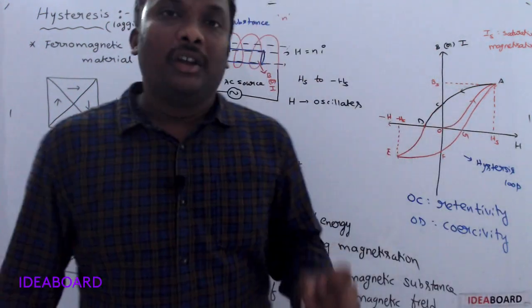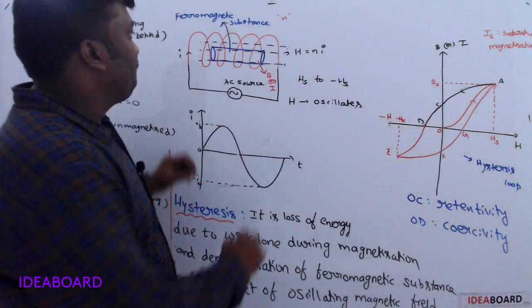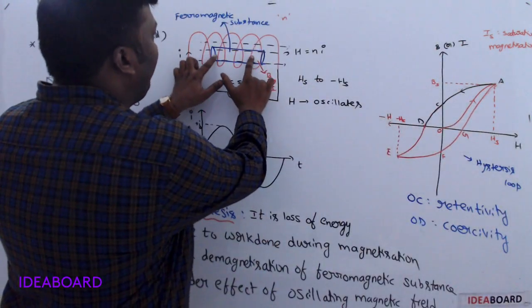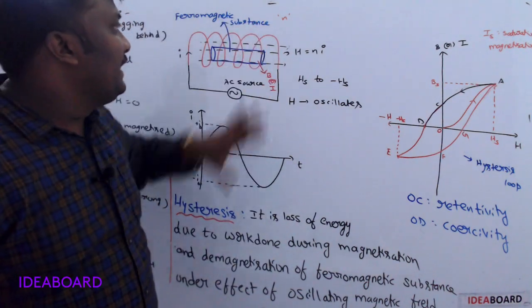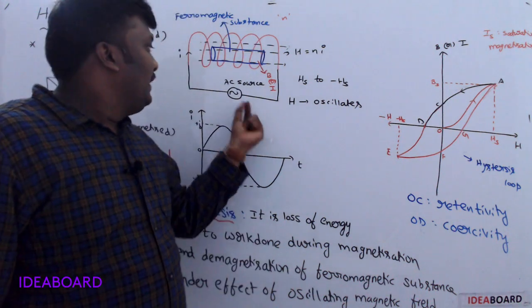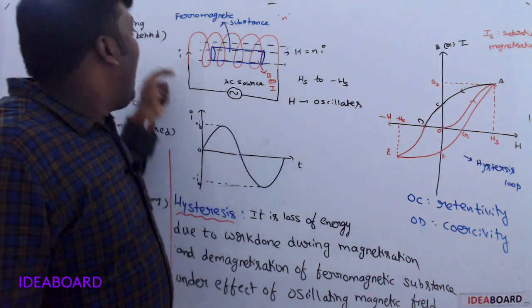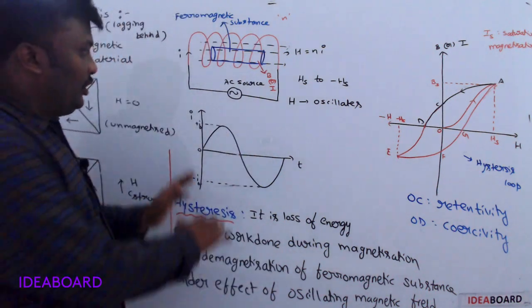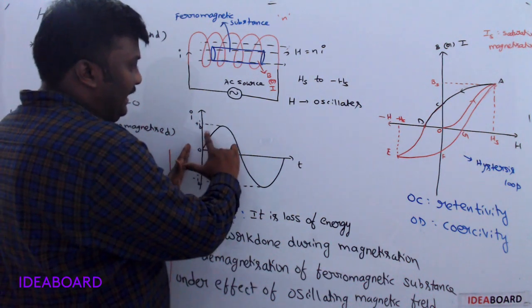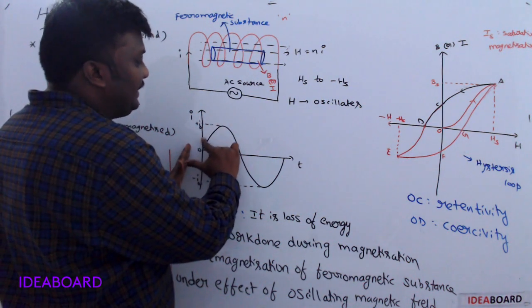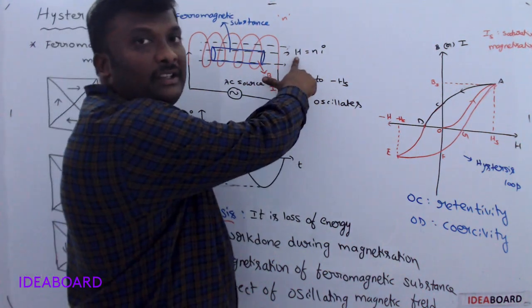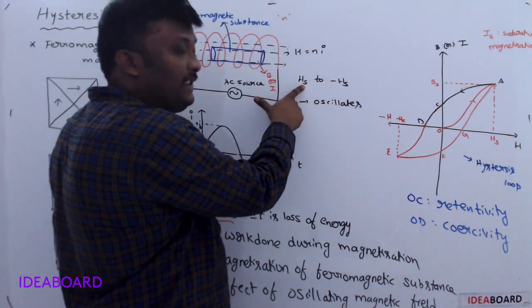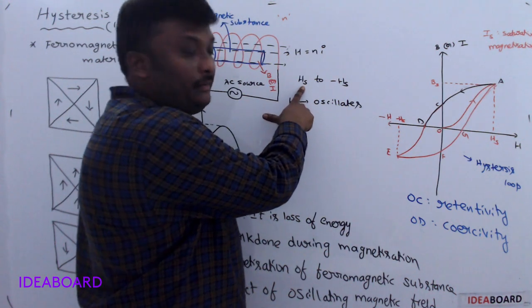Clear? So during hysteresis, what have we done? A ferromagnetic substance is placed inside a solenoid which carries alternating current. Due to this, current increases continuously, H also increases continuously and reaches the maximum value.